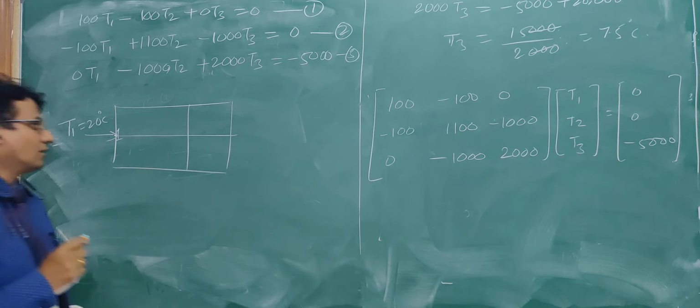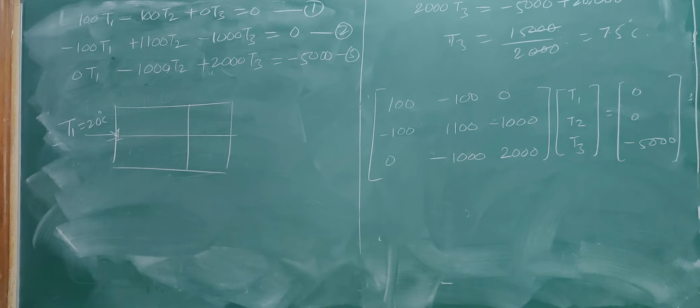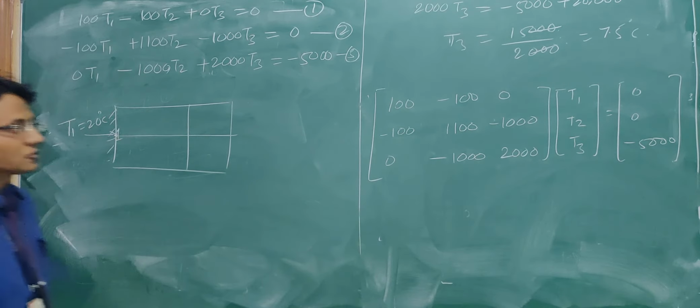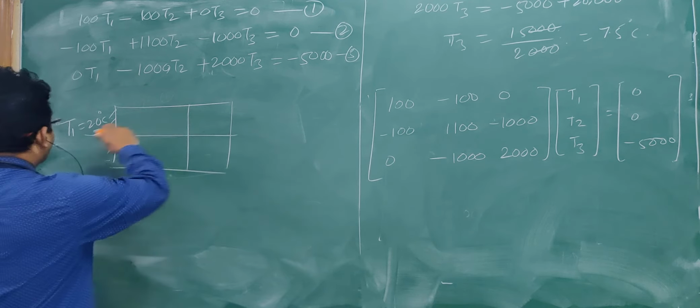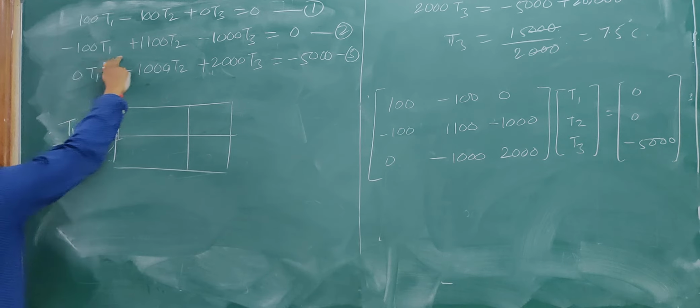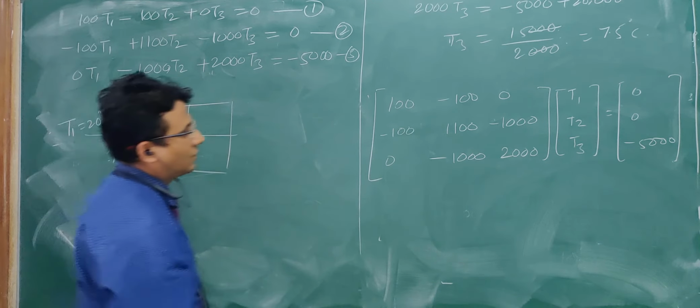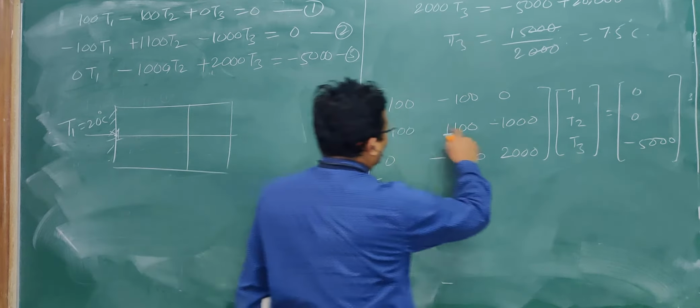But because this value of temperature is not 0 or fixed, we cannot directly eliminate the first column and first row. By making use of this T1, there will be a change in the second row of this particular matrix. So what is that change? I'll just explain.